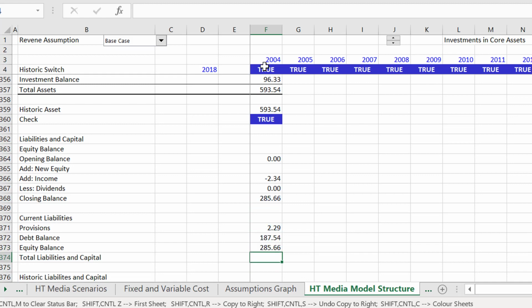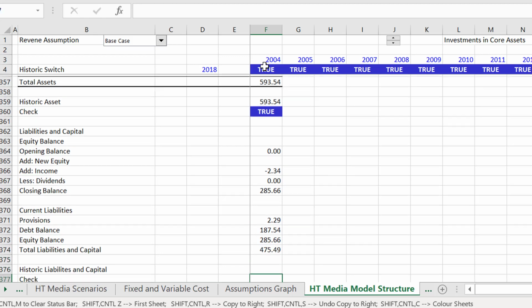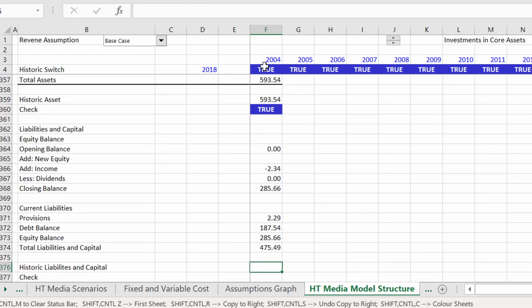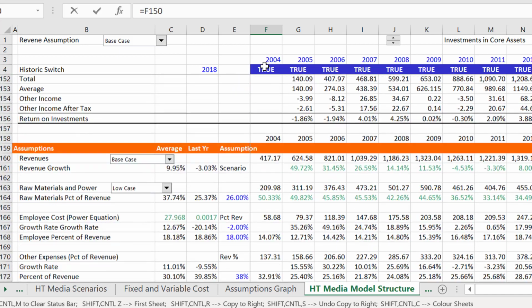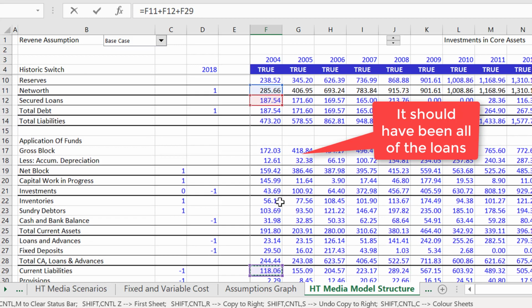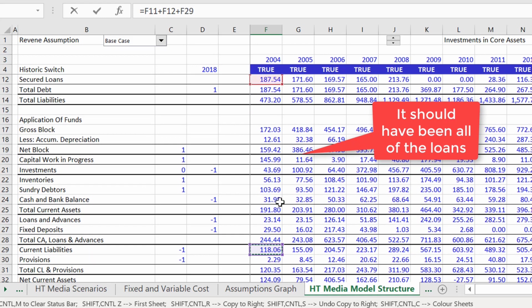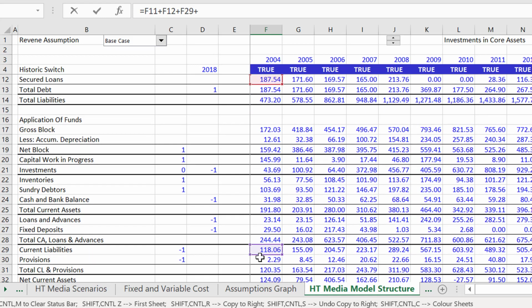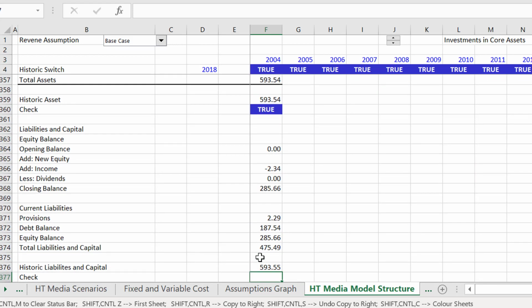And then I put my equity balance that we just got, and we press alternate equal, and it doesn't work. And so we could go up and try to get all of our items here. So we had the net worth plus the secured loans plus the current liabilities plus the provisions, I think.